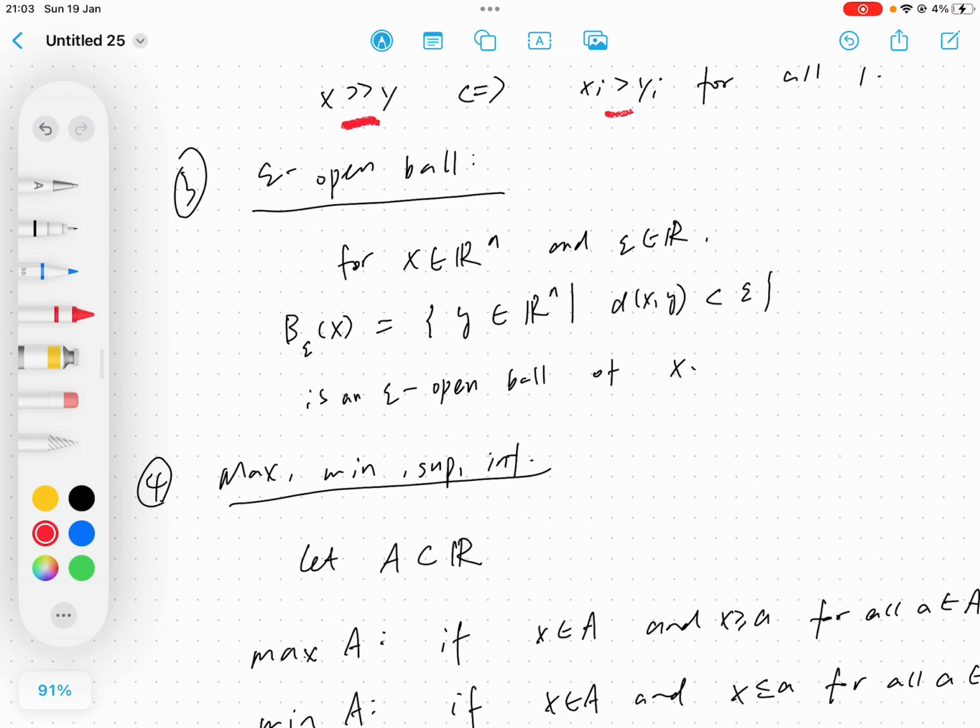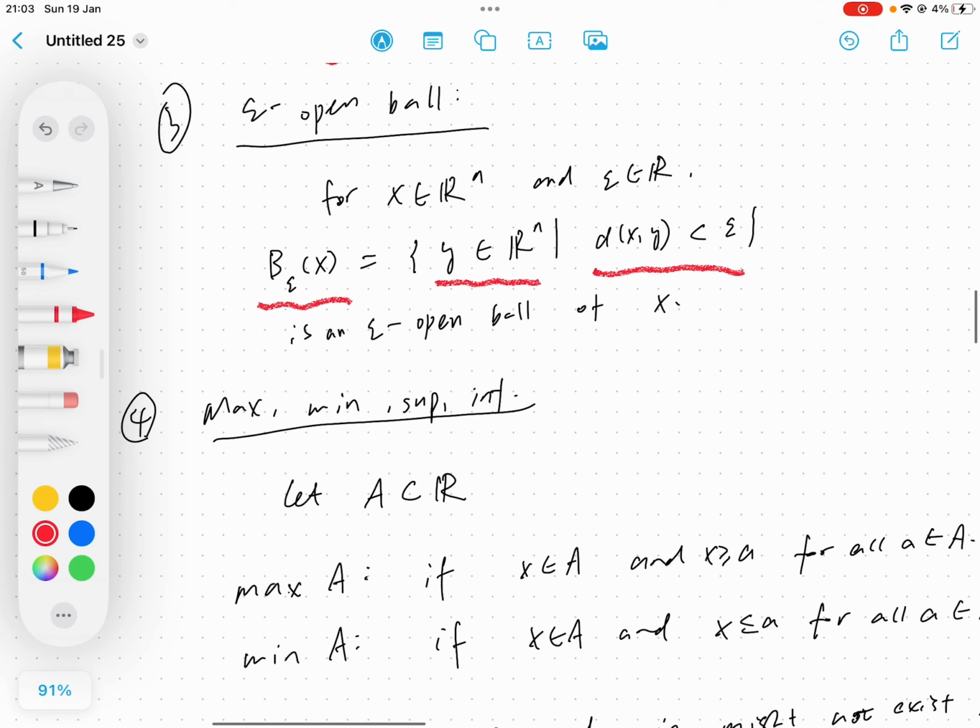Okay, so for some point x in the Euclidean space with n dimensions and some real number epsilon, the epsilon ball of x would be just the set of y also in the Euclidean space where the distance between x and y is smaller than epsilon. Okay, and we call this the ball of x with this radius of epsilon, right? That would be a ball in 3D, but in 2D that would be just a circle, right?